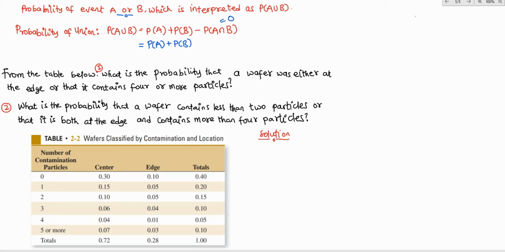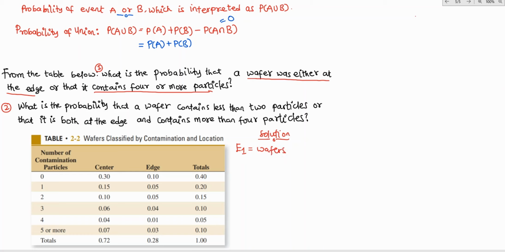The question says that we should find the probability that a wafer was either at the edge or contains four or more particles. So the first event, which I'm going to denote with E1, will be wafers that are at the edge.